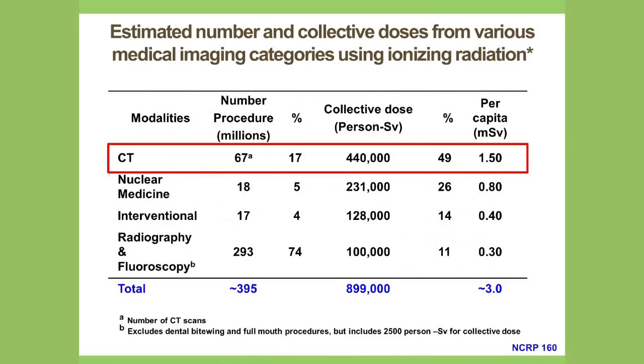Here's some of the information on the estimated number of collective doses from various medical imaging modalities. And so you can see that the number of procedures has increased dramatically, and that the collective dose for CT has increased dramatically over time. And that's really the take-home message here.